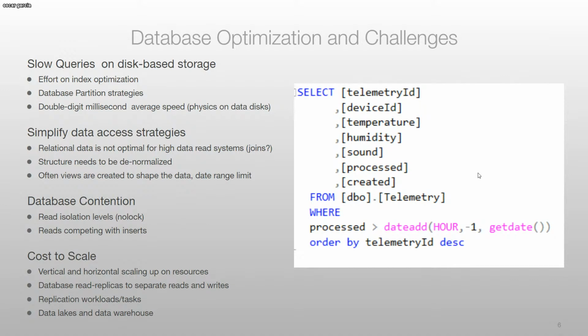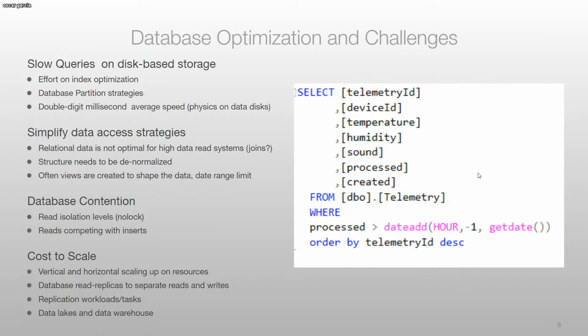To address database contention, right? Because when you have a system that has a lot of inserts, a lot of writes, a lot of IO, then the reads are actually blocked, even though you may use query hints to try to prevent the isolation level from blocking. But once the system is overloaded, you're going to have that.